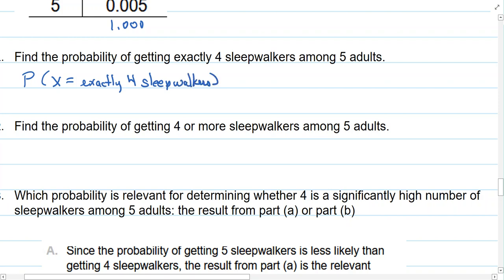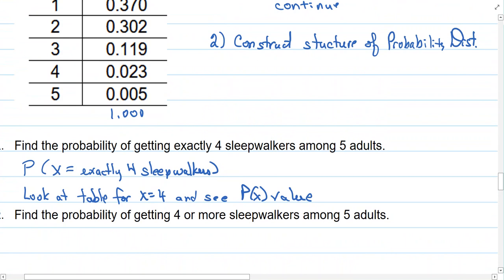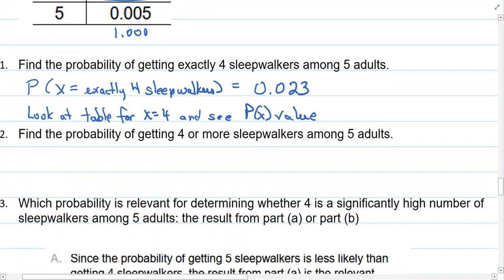Well, all we have to do is look at the table for x equals 4 and see the P of x value. All right, we're going to do that. So if I do 4, I've got that value right there. It's about 2%.